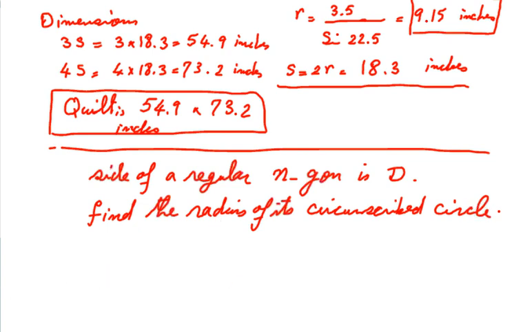So we kind of blew everything out of the water now. It's just the most general thing you could ask. If instead of octagon, I say it's the n-gon, and instead of 7 inches, this is D. So what are we dealing with? Some sort of a shape. We don't say exactly what shape it is.